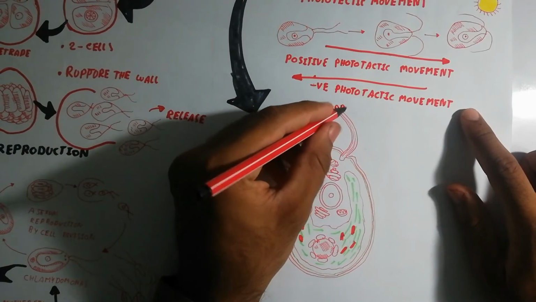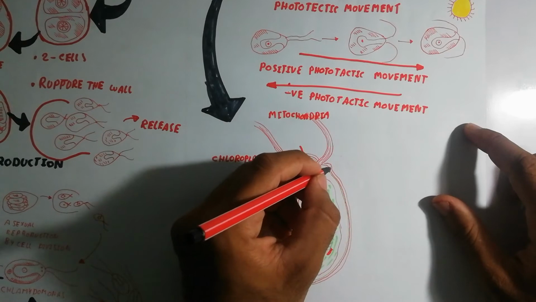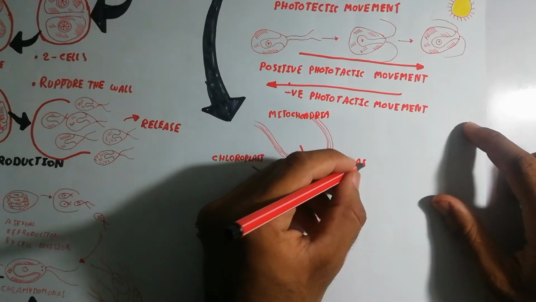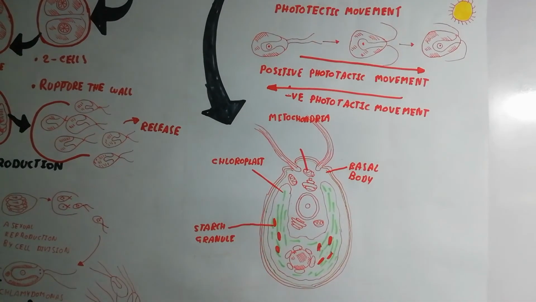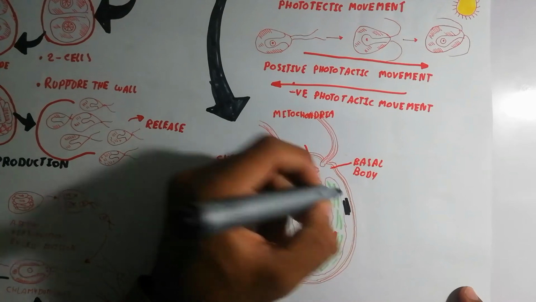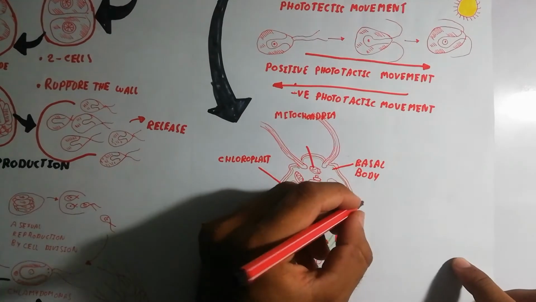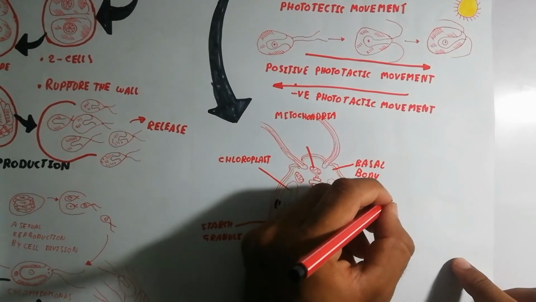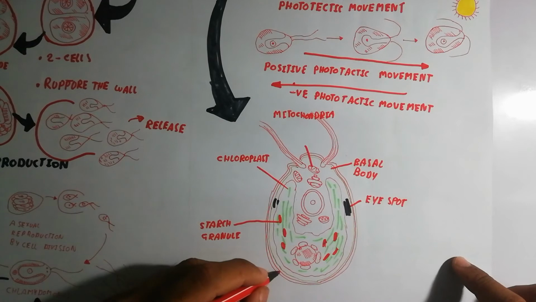Now I will discuss the structure of the cell of Chlamydomonas. Here is the flagella, the outer layer is known as the cell wall, and the inner layer is the plasma membrane. Here are the Golgi apparatus and mitochondria as specialized organelles, and the anterior portion contains the nucleus. The pyrenoids are present, which store some food.